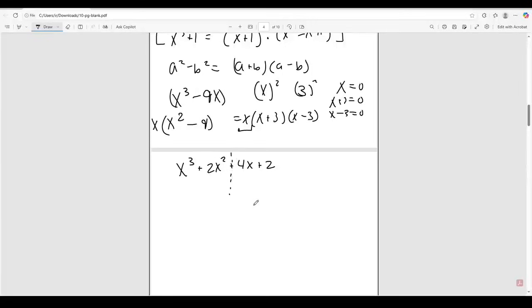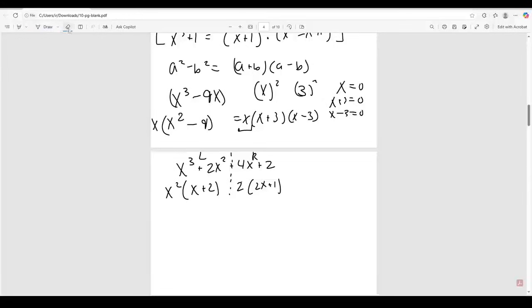You always want to be dealing with 4 terms when you want to factor something out, because that's just the most optimal way of factoring, because that gives you a left and a right side that are both equal to one another. And what you can do here is you could just factor out x squared from this side, and you're left with x plus 2. You can factor out 2 from this side, and you'll be left with 2x plus 1, okay?